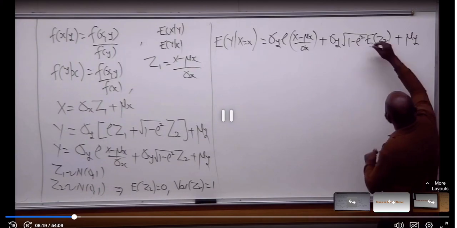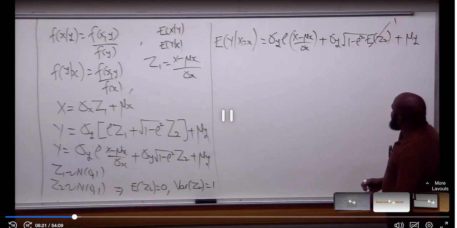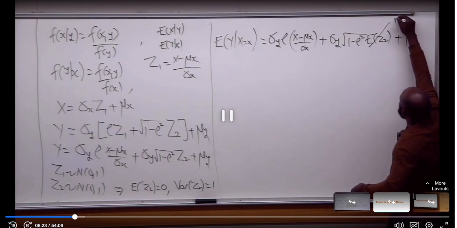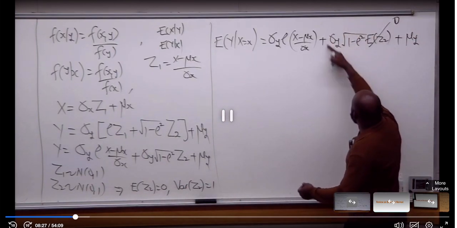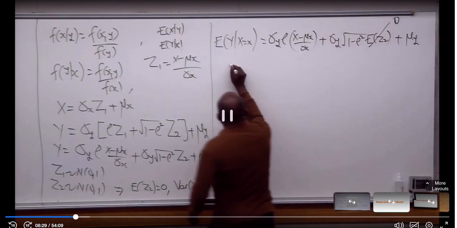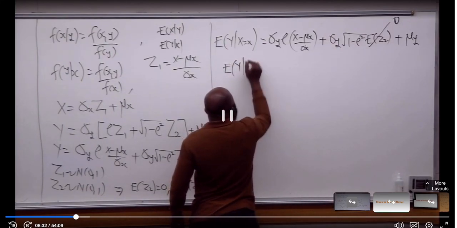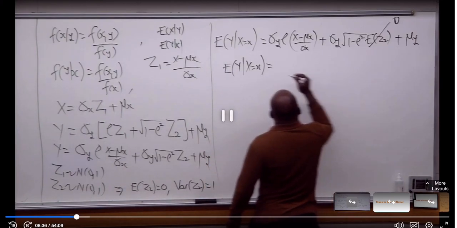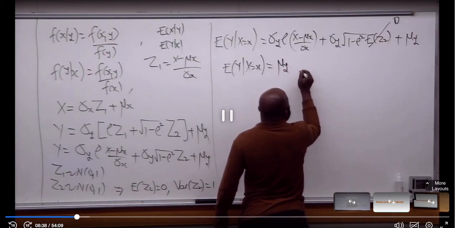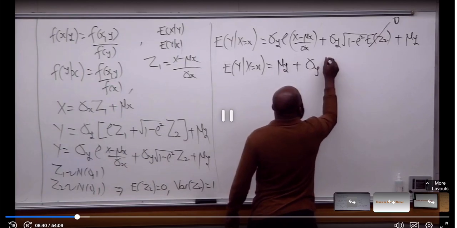So this term goes to 1. Now, 0, because the expectation of z2 equals 0. This is going to be completely eliminated. So here I'm actually having this. Now, if I start from here, mu y plus this.